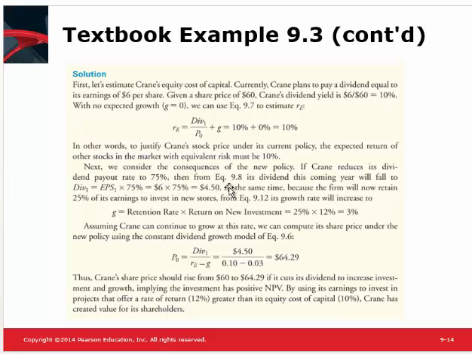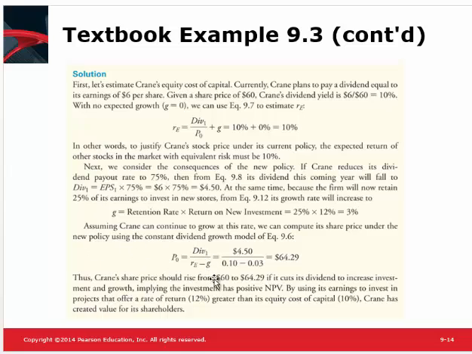So what happens with this new policy? If it reduces its dividend to 75%, it's going to go down to $4.50. At the same time, because it's going to retain 25% of its earnings, there's going to be some growth. So the growth rate is going to be 3%. If we can continue to grow at this rate, we can compute the new price.